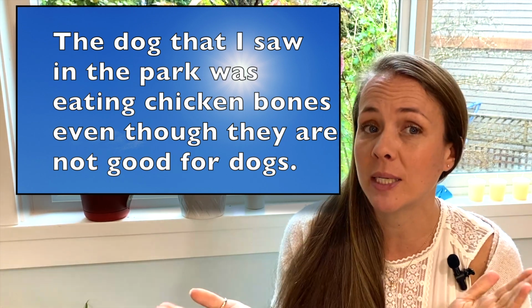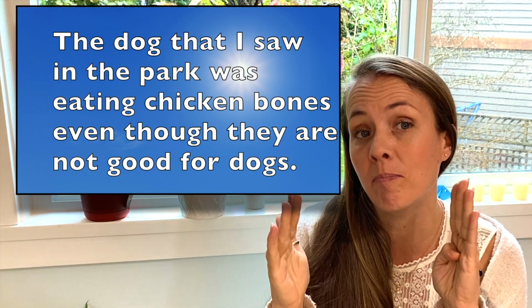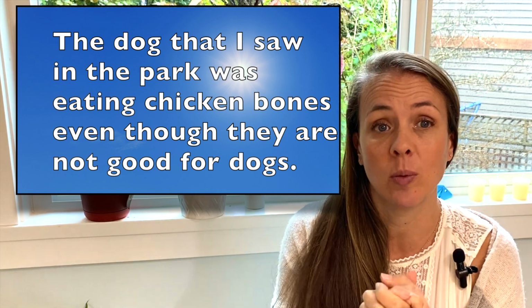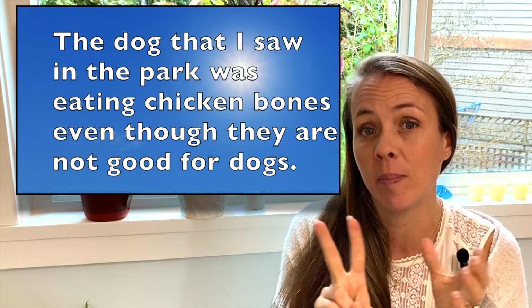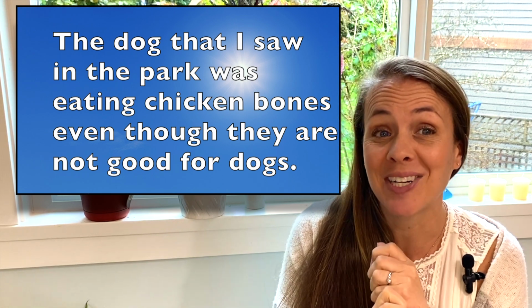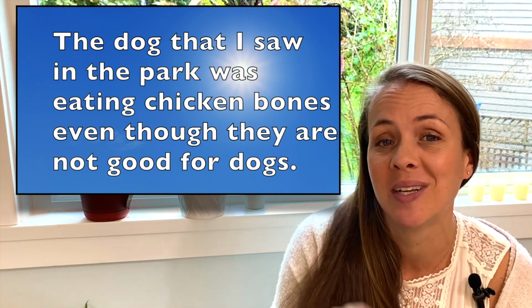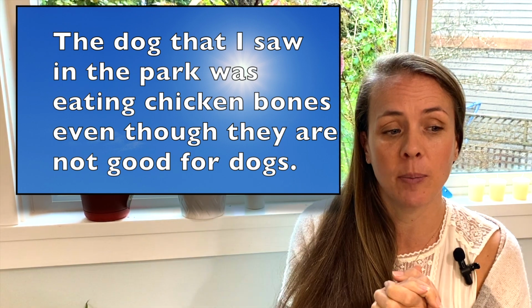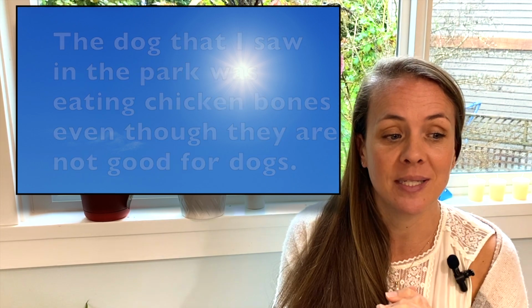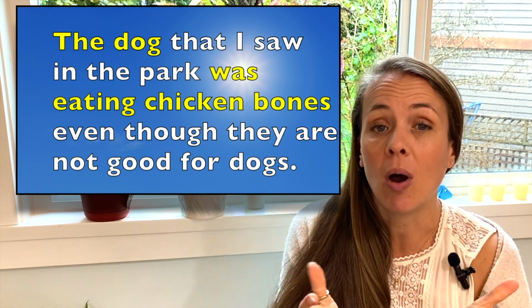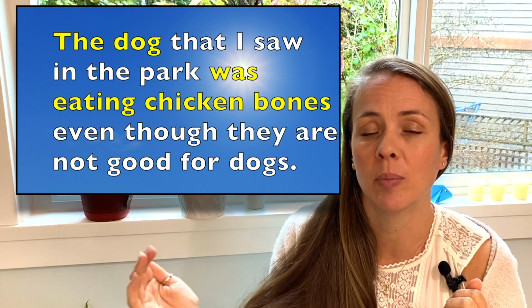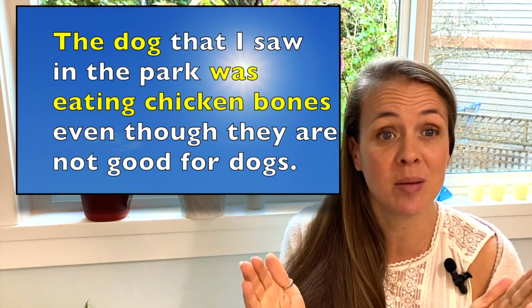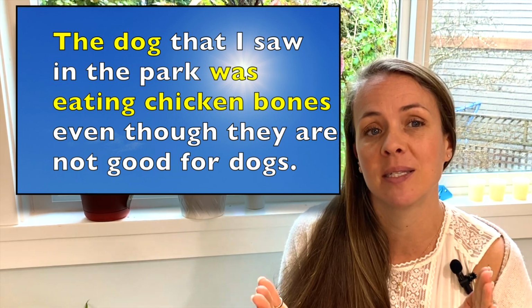If you can tell, it's got one main clause, so it's got the main subject and the main verb, and then it actually has two subordinate clauses. If we break this sentence apart, the main clause is the dog was eating chicken bones, right? That's the main clause. That can stand by itself.